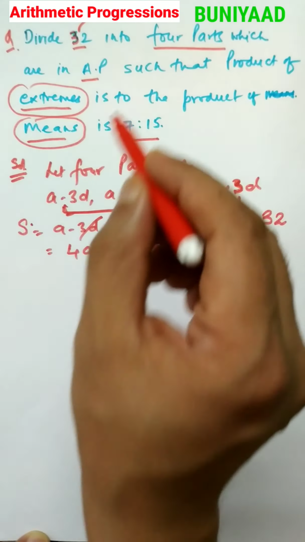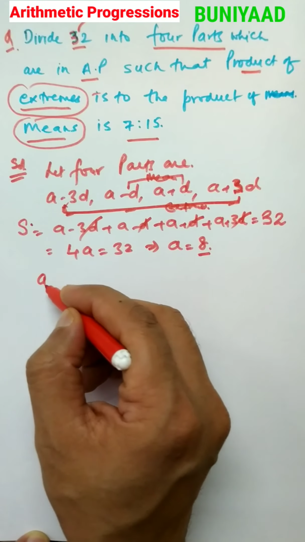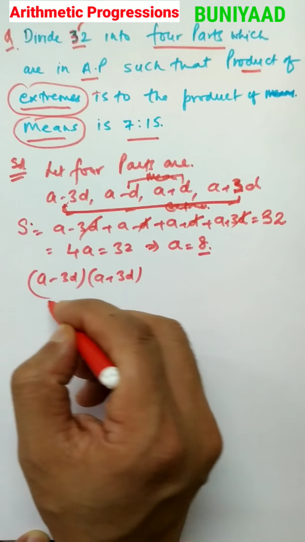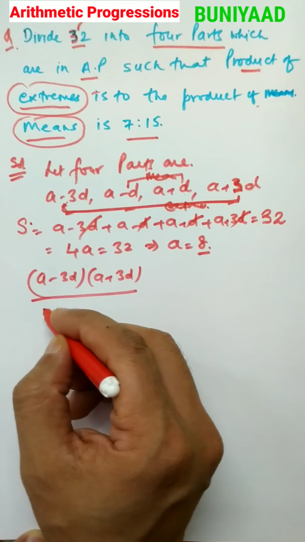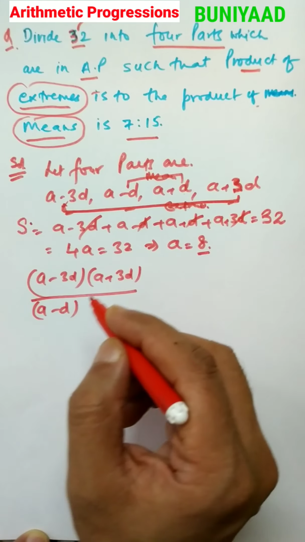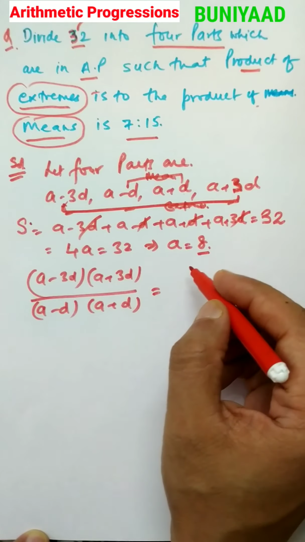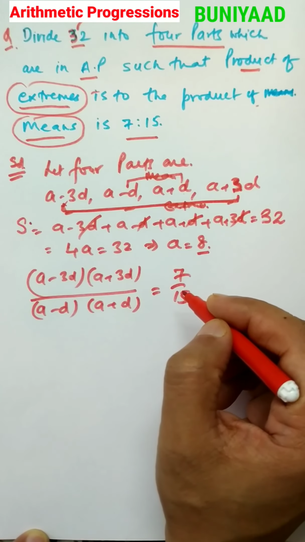Now product of extremes, these 2 are extreme terms, their product (a minus 3d)(a plus 3d) upon product of means, (a minus d)(a plus d). What is given? This is 7:15.